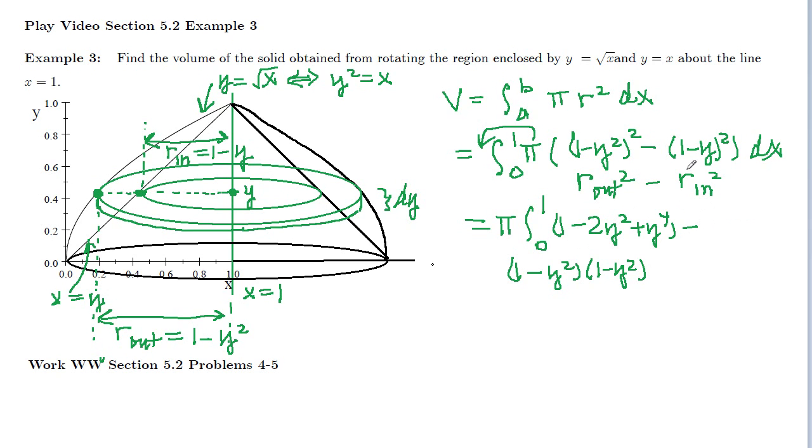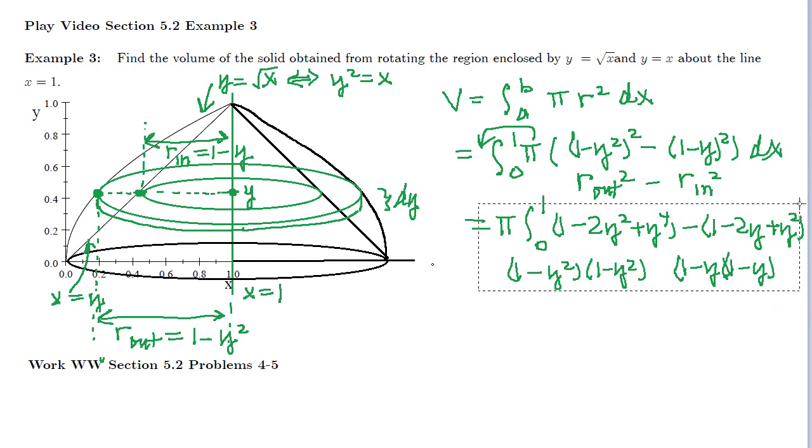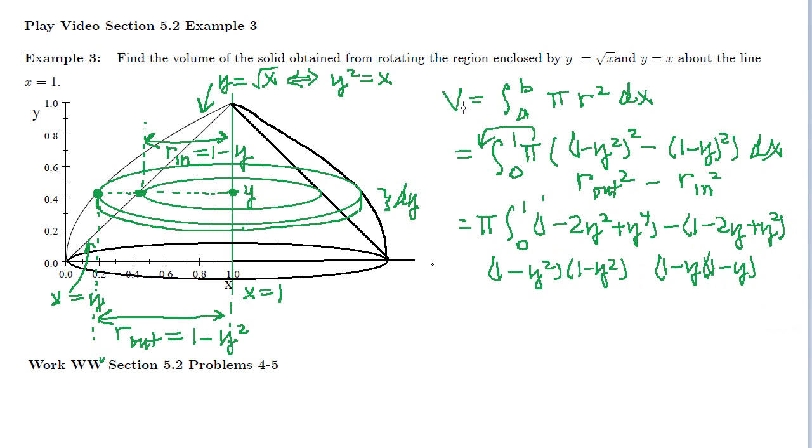And then we're going to subtract off 1 minus y times 1 minus y. So first term's 1. Outer term's negative y, inner term's negative y, that's negative 2y. Last term's plus y squared. And then all of that we are integrating with respect to y. So dy.